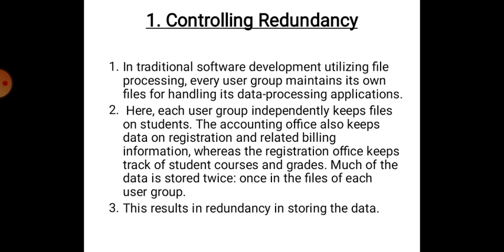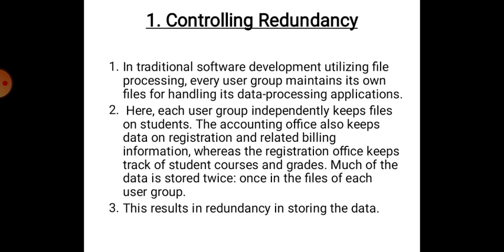First, controlling redundancy. In traditional software development utilizing file processing, every user group maintains its own files for handling its data processing applications. Here, in the file processing approach, each user group independently keeps files of students.